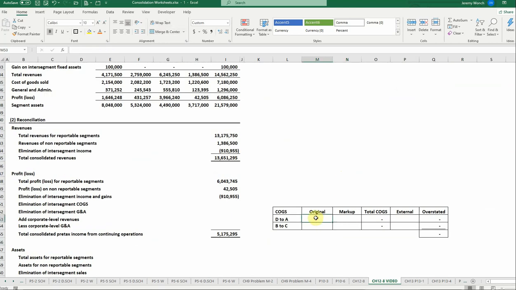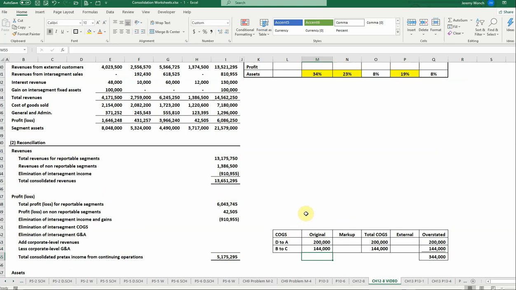So the original cost of goods sold from D to A was 200,000, and from B to C was 144. So that's what D booked and what C booked as cost of goods sold.